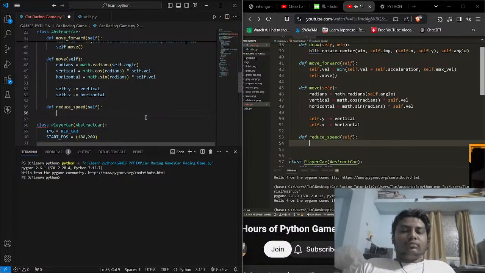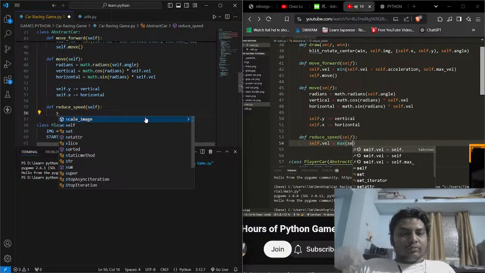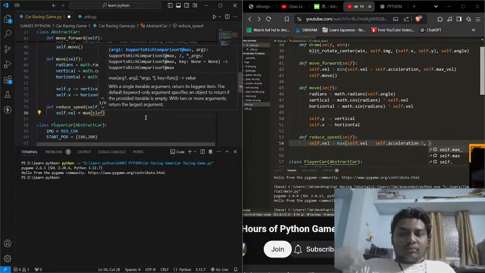Now, I just need to look at where I have this in my other code so that I don't mess this up too bad. Okay, so we have reduce speed. What we're going to do inside of here is say self.vel is equal to the maximum of self.vel minus self.acceleration over 2, and then this is going to be 0.